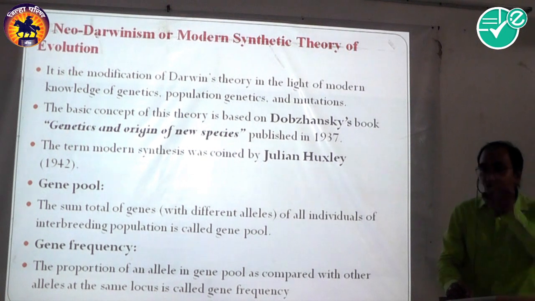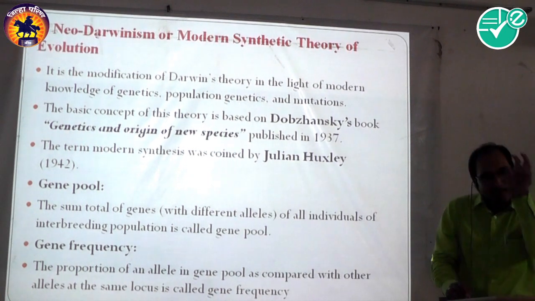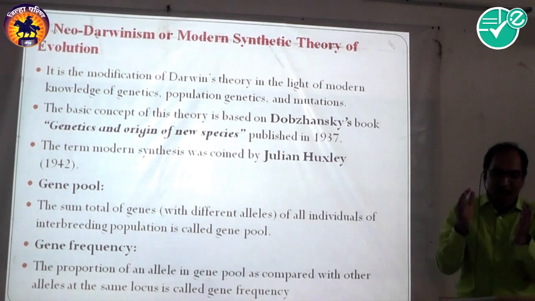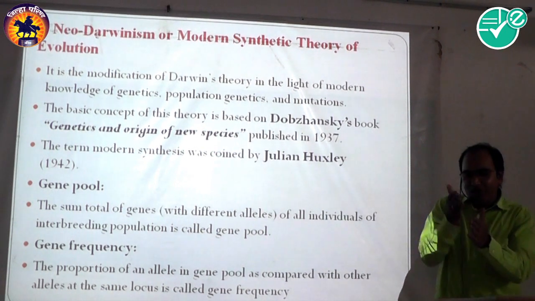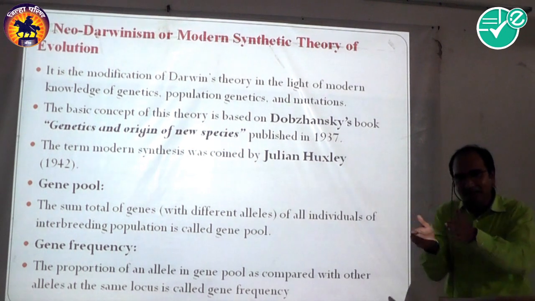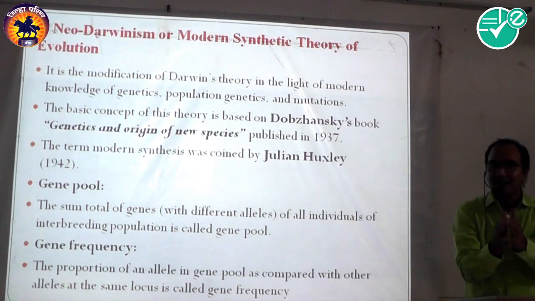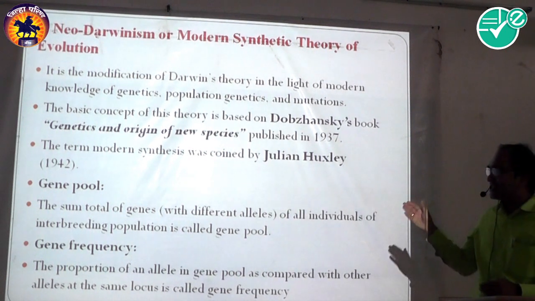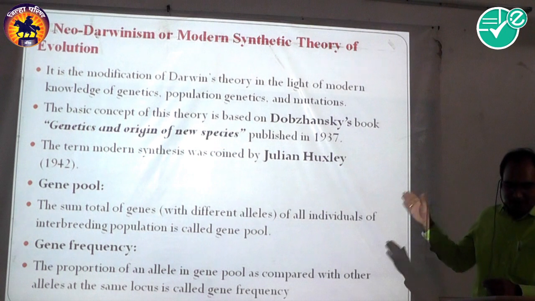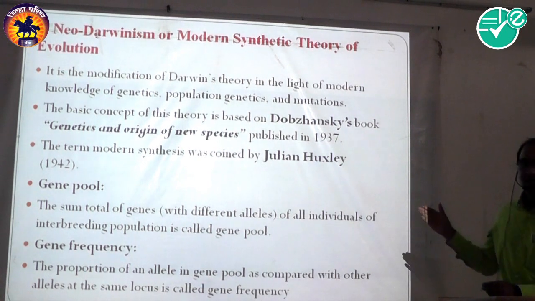If I cannot roll my tongue, the organism has the recessive gene. So we have to find the frequency of the dominant gene and the recessive gene in the population for the same character. That is called gene frequency. So in population genetics, gene frequency is very important.